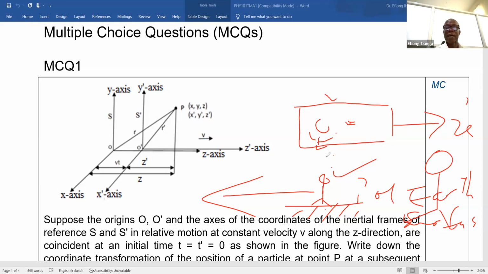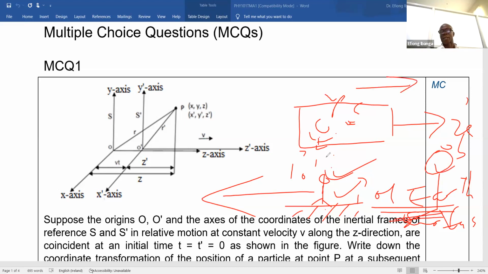So this is the passenger, this is the police officer, and this is an observer. Relative to this observer, the police officer is at rest, is stationary. But relative to this man also, the passenger is in motion to the right.